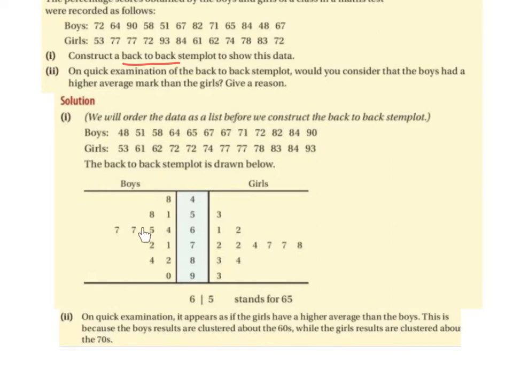So you can see that there's a lot of boys getting around 60%, while the girls' results are clustered about the 70s. So we can see that the girls have the majority of their scores around the 70s. So on quick examination, the girls have a higher average than the boys.